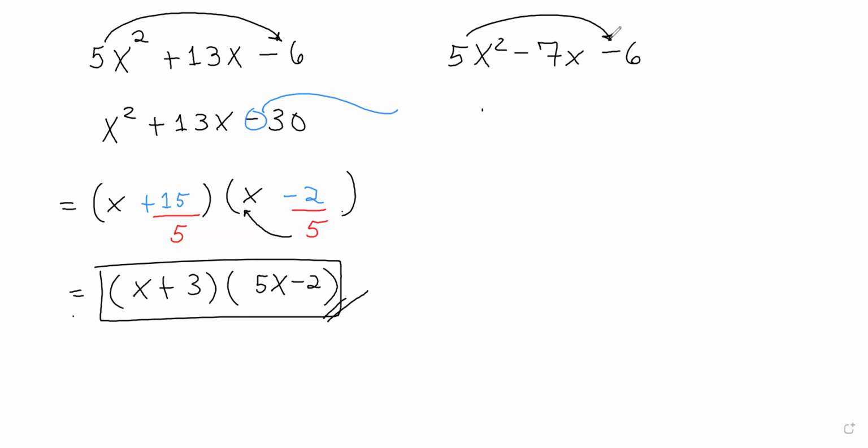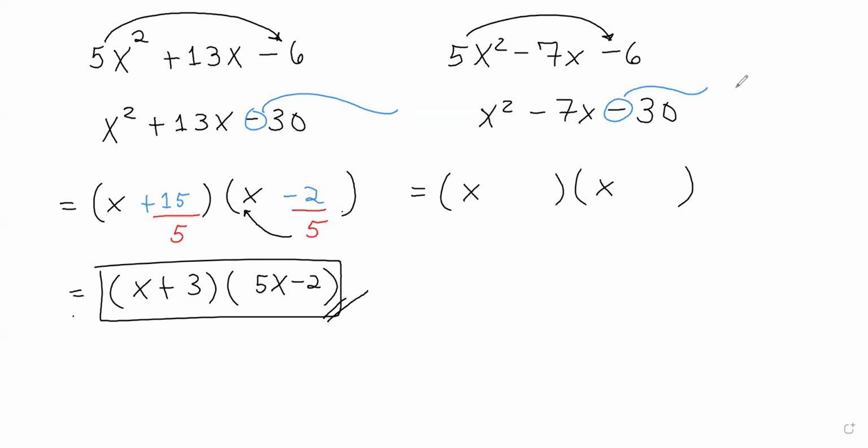Multiply leading coefficient times your constant. 5 times negative 6 is negative 30. Two sets of parentheses. My constant is negative. How can numbers multiply to give me a negative number?